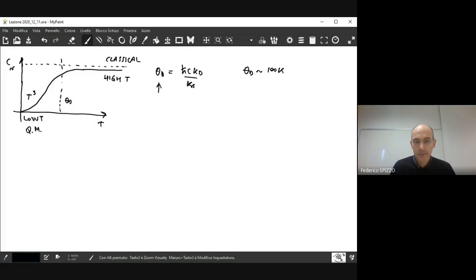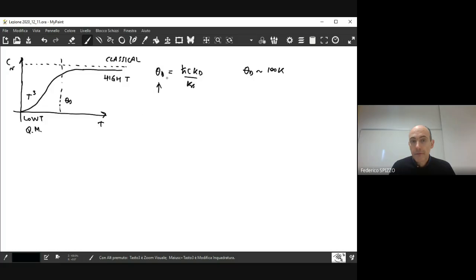Low temperature means below room temperature, and high temperature means a temperature of the order of some hundreds of Kelvin. So all the temperatures can be accessed. If we concentrate on the phonon system, we may access both the classical and the quantum mechanical behavior of that system.